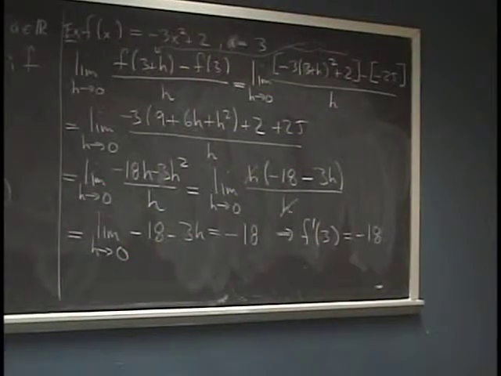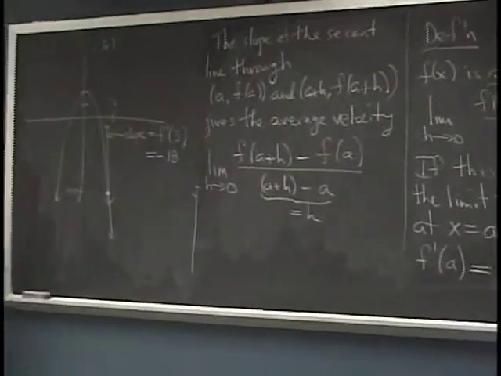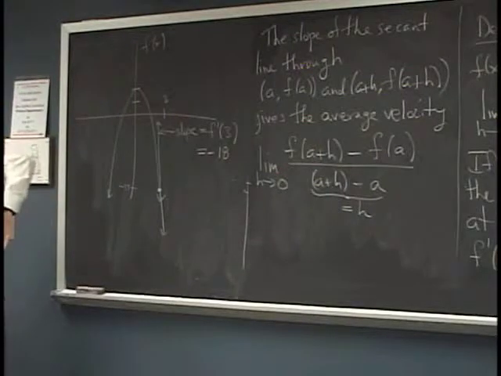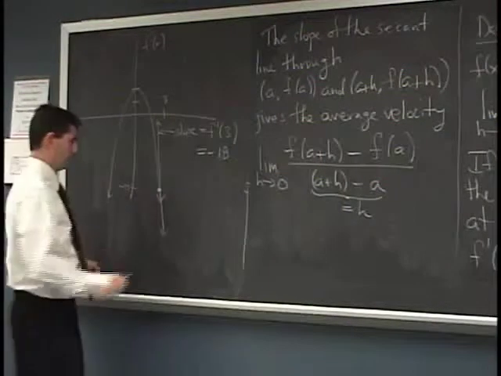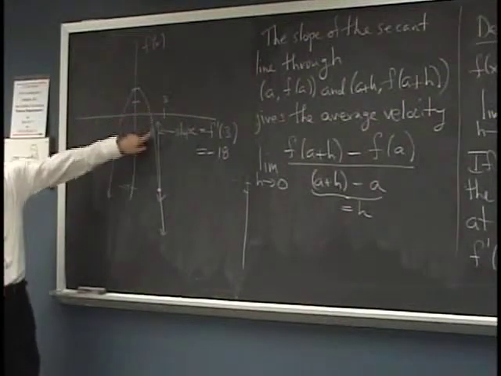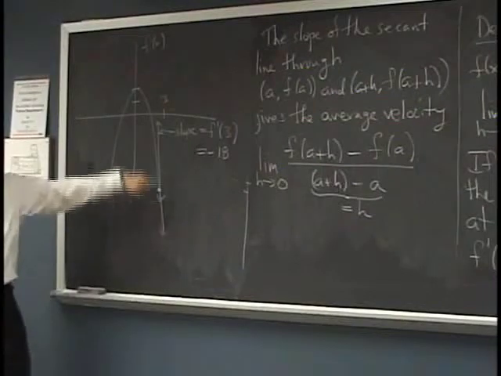So this is our f of x. And of course this is now minus 18, which you would believe from this graph. Minus 18 is the slope. It's a pretty steep graph. So if you drew this line, which represented the instantaneous velocity at that point, it would have slope minus 18.